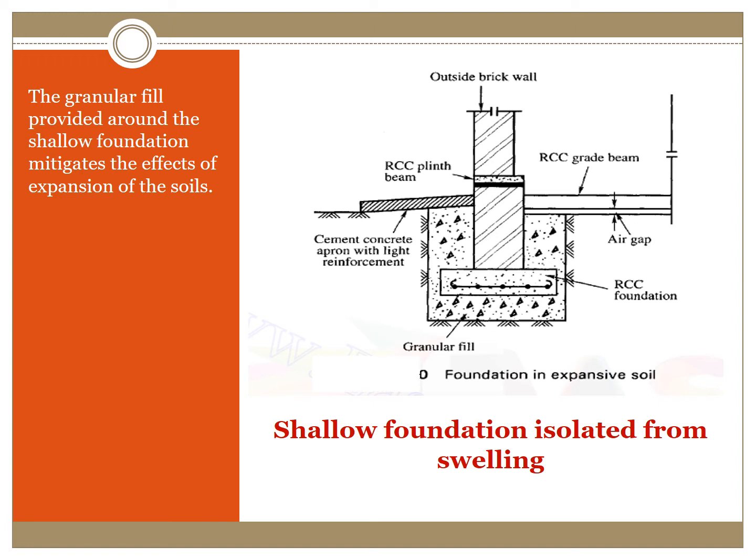If the soil is only moderately expansive and has a shallow depth, it is economical to remove that soil and replace it with a good quality granular fill. The granular soil should be properly compacted.